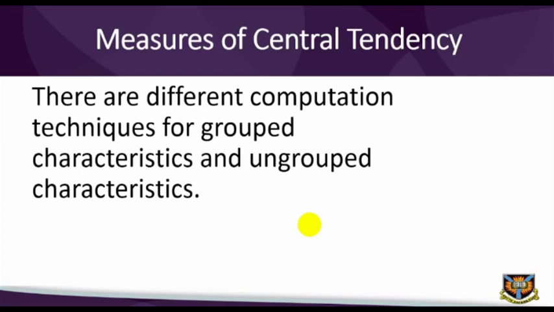So also, there are different computation techniques for grouped characteristics and ungrouped characteristics. Therefore, for each concept we discuss here, we shall give the computation technique for ungrouped data separately and that of a grouped data separately. The mean.